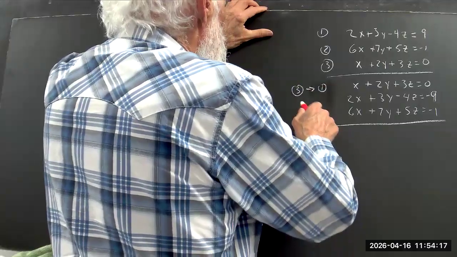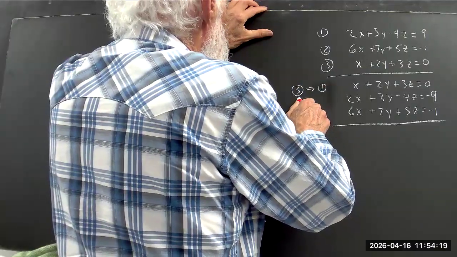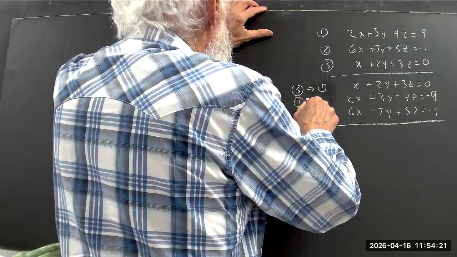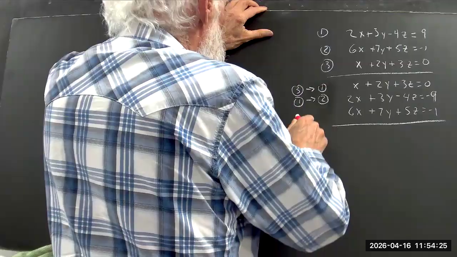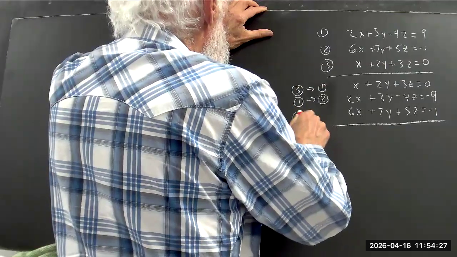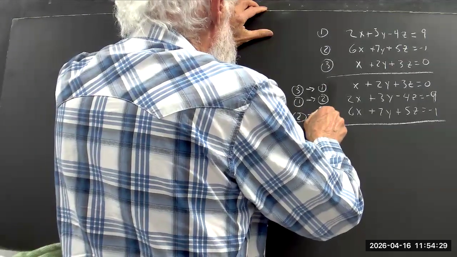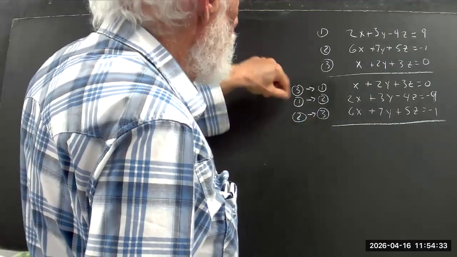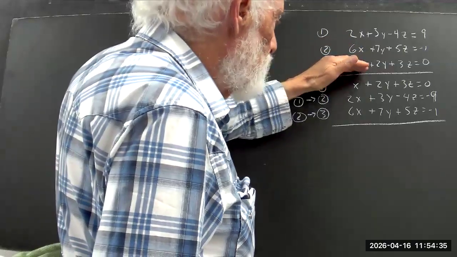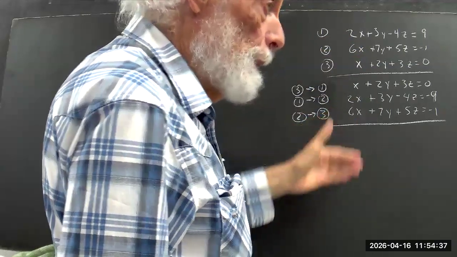Then equation 1 from before becomes equation 2, and equation 2 from before becomes equation 3. So now I see what equation each of my three new equations came from.